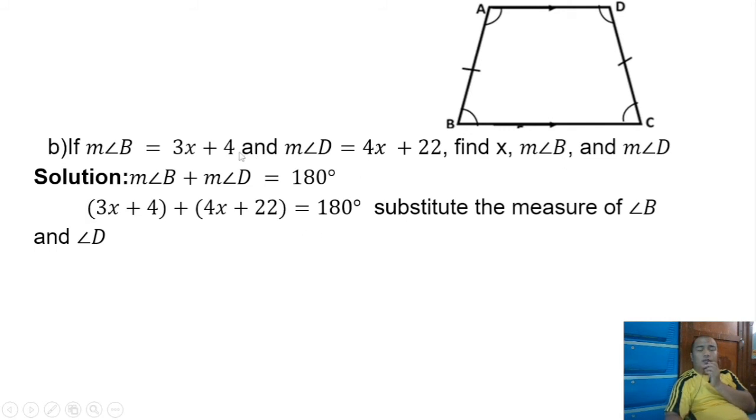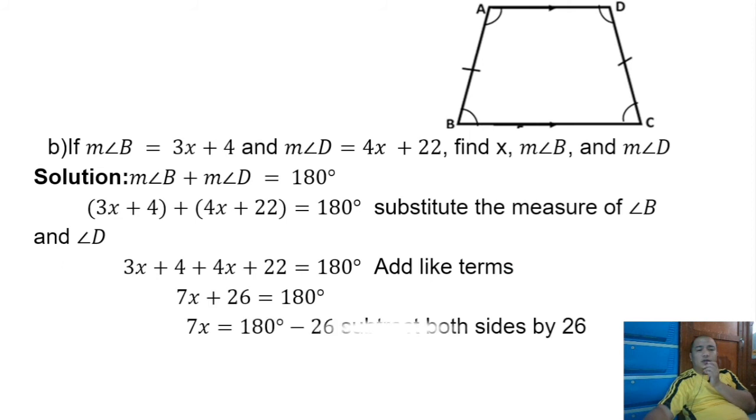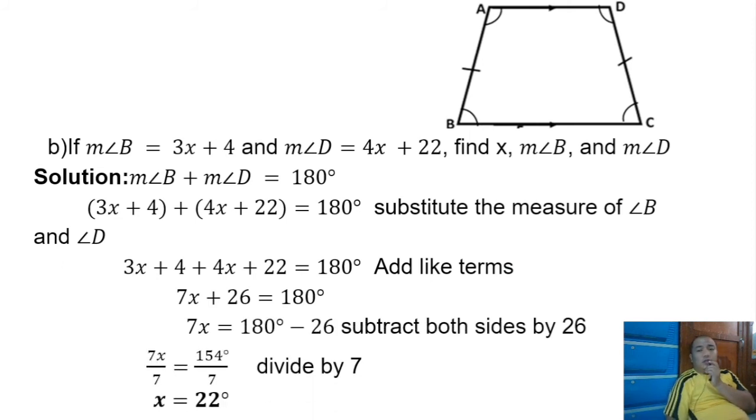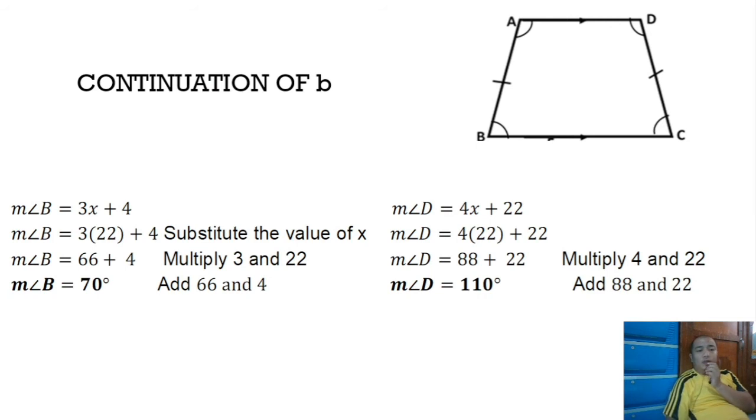So, the sum of 3x plus 4 and 4x plus 22 is 180 degrees. 7x plus 26 equals 180. 180 minus 26 is 154, divided by 7, 22 degrees. That's the value of x, 22. We can now solve for angle B and angle D by substitution. For angle B, 3 times 22, 66 plus 4, 70 degrees. Angle D, 88 plus 22, 110 degrees. That's correct. 110 plus 70 is 180 degrees.